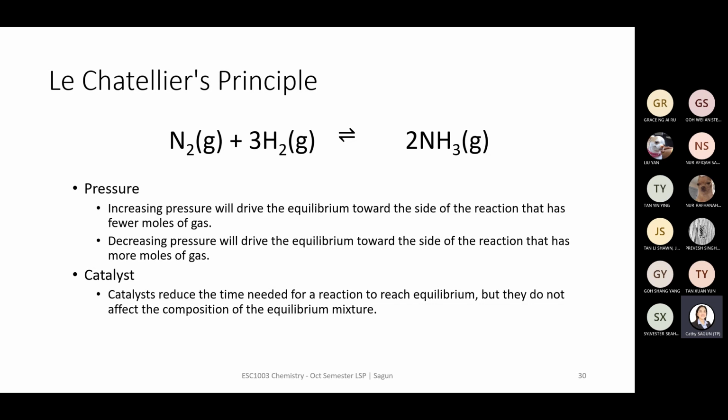Then a catalyst, it's just there to speed up the reaction. So it reduces the time needed for the reaction to proceed, but it doesn't do anything else. So it does not affect the composition of equilibrium. So let's just say I have this and I added a catalyst here.